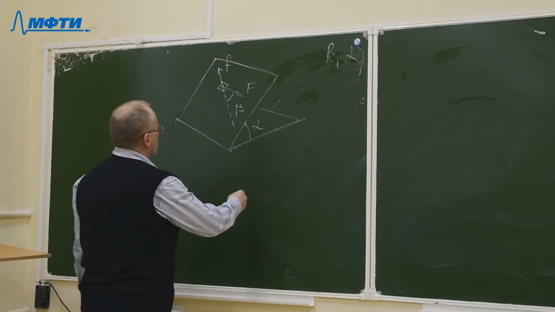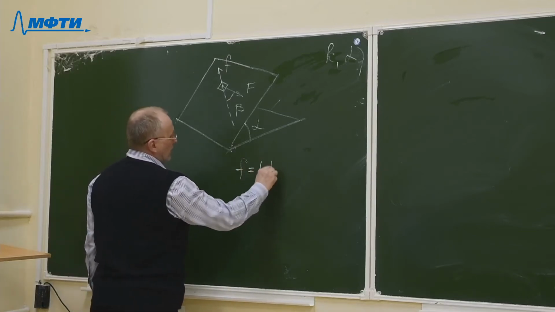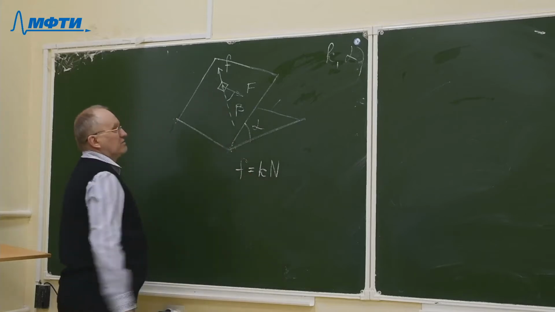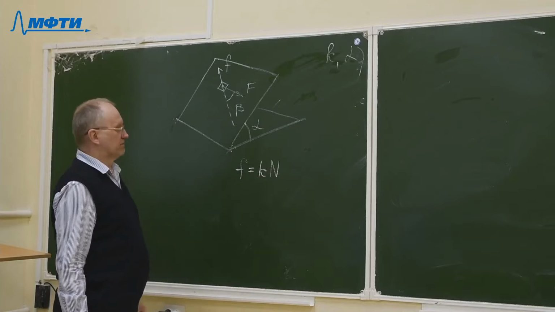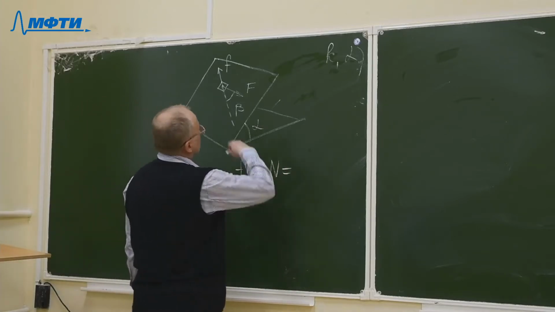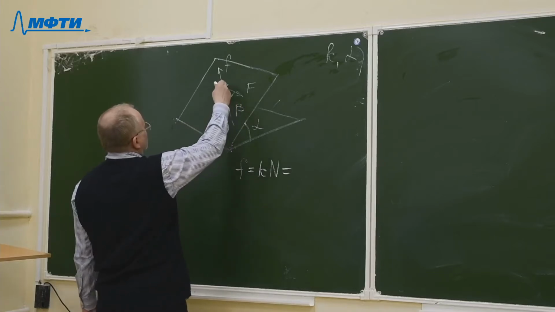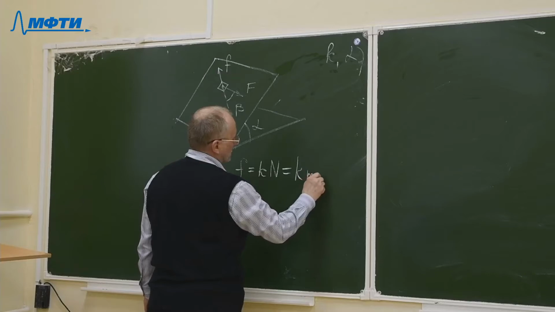And what is the force of friction? It's always given as the coefficient of friction times the force of normal reaction of the surface. That's the definition of the coefficient of friction. And the normal reaction for a body on an inclined plane is well known from many other problems.